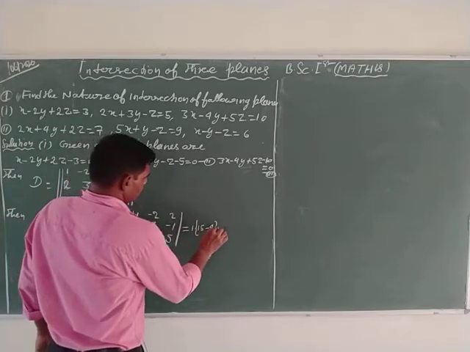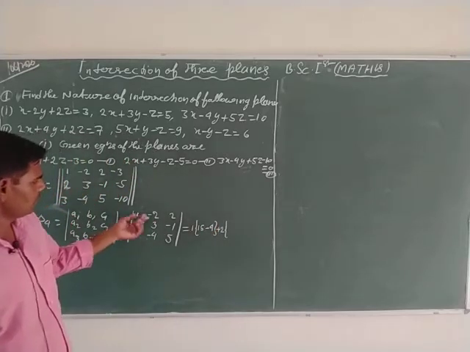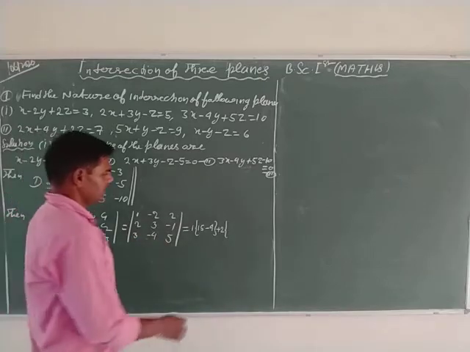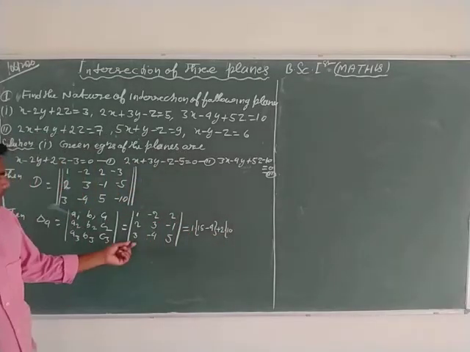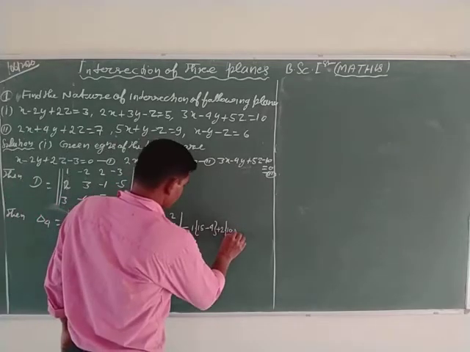Minus 2, write plus 2 by the rules of determinants. Eliminate the first row and first column, 2 multiplied by 5 is equal to 10, and after this negative of 3 into minus 1 means write plus 3.